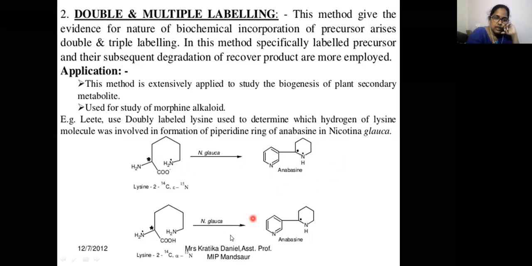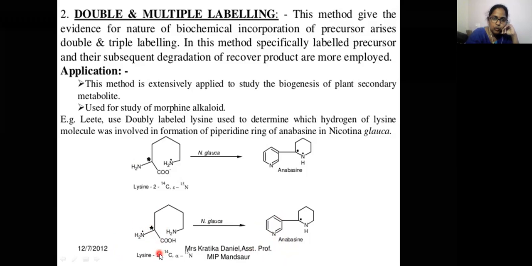In the same way, you can analyze it this way also. You can radio label this C2 carbon and also the amino group present on the C2 carbon. Now we know that this amino group is involved in the formation of the pyridine ring, right? Actually, here we should have a dot, so this is the radio labeled compound undergoing the reactions.